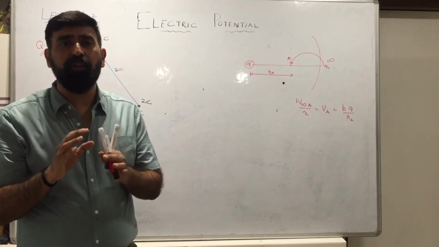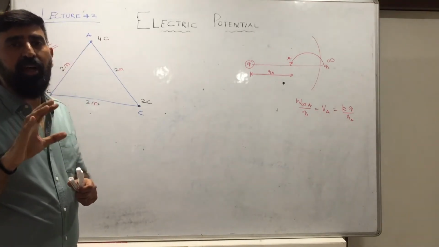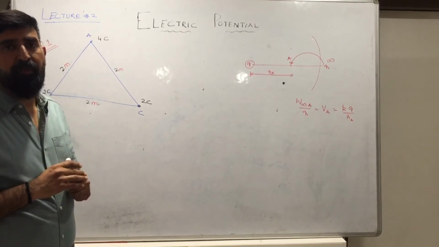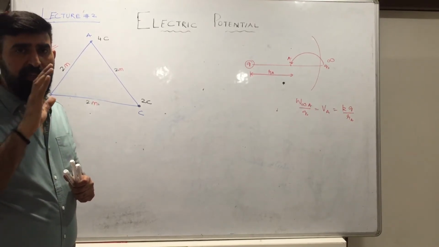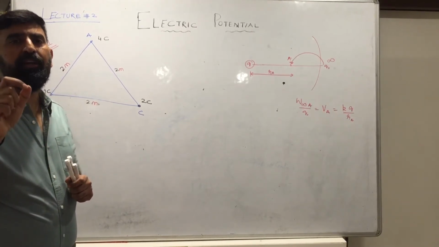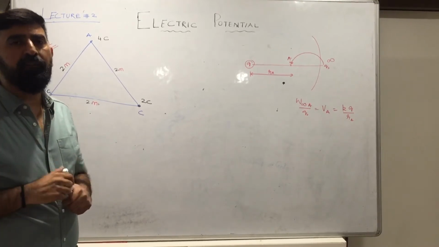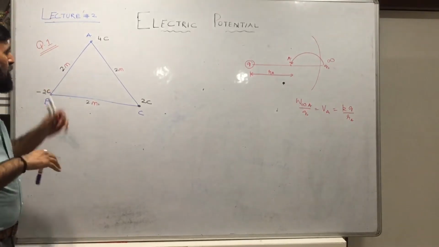A very important concept which I covered in class 11th also, and then in class 12th in the last lecture. Now I'm taking the first question on the concept of electric potential energy between three charges. You'll recall the formula when I do this numerical.